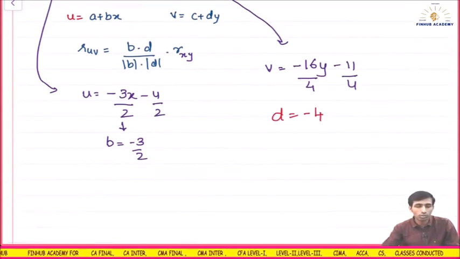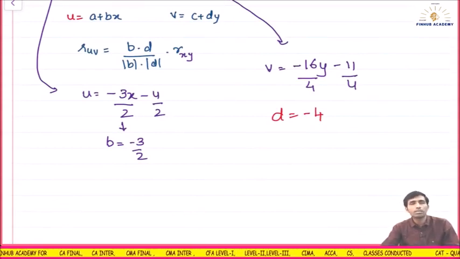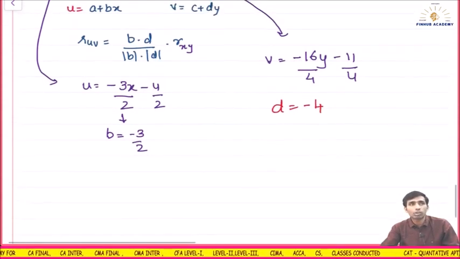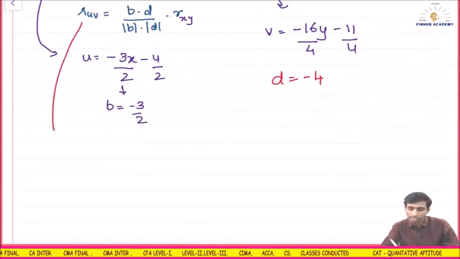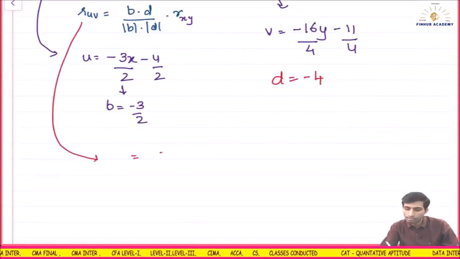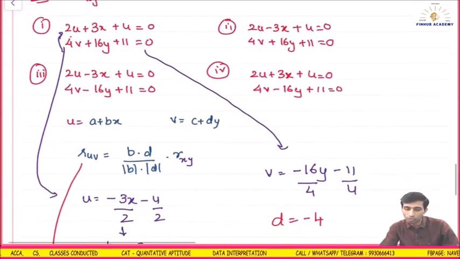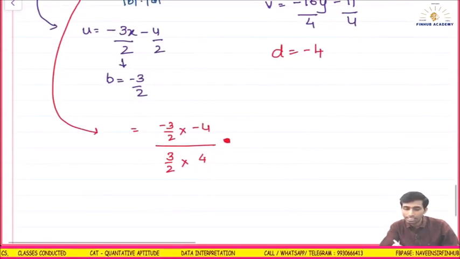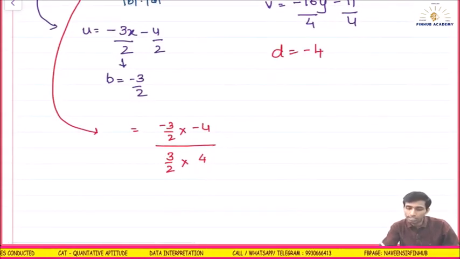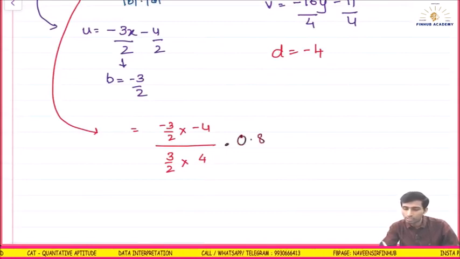Fine. Now I will apply the formula. This one is equal to b, which is minus 3 by 2, into minus 4, the whole divided by absolute value of b, that is 3 by 2, into absolute value of d, which is 4, into r(x, y), which I think I have taken as 0.8.